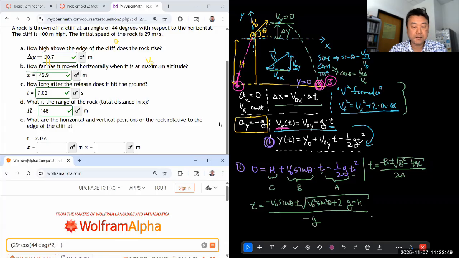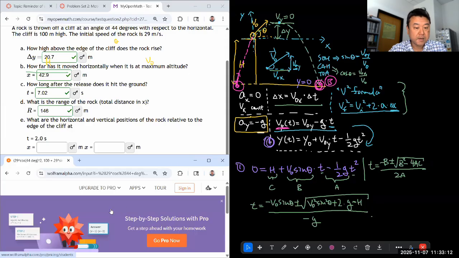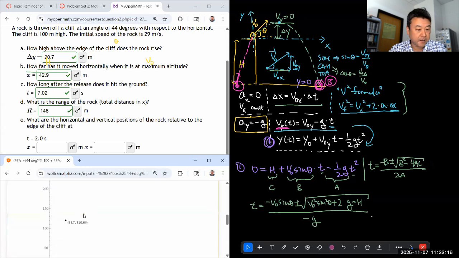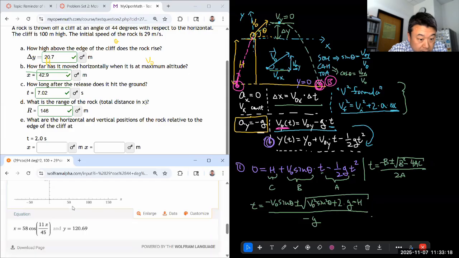My y will be the initial height h, 100 meters, plus v naught y, that's 29 times the sine of 44 degrees times the time, 2 seconds, minus 1/2 times g, 9.8 meters per second squared, times the time, 2, squared. If I press enter, it should give me both the numbers. Yes, it's giving me that coordinate.